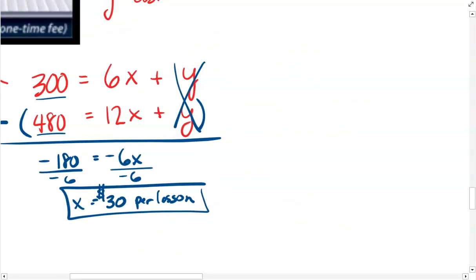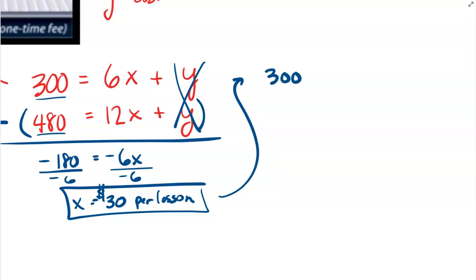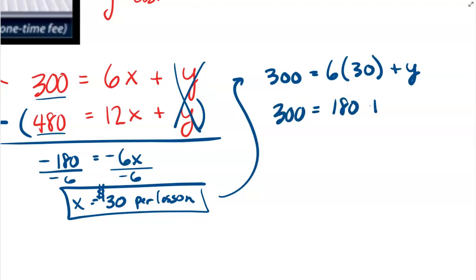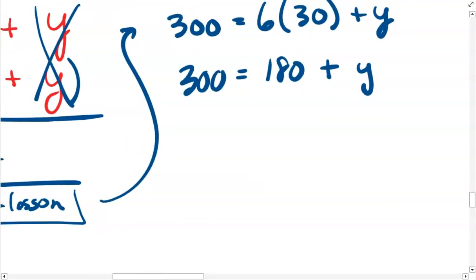Let's take that known x value now and substitute it into one of the originals. Doesn't matter which one. Let's go with the top. 300 is the result of 6 times $30 per lesson plus y. This would mean that 300 is equal to $180 in total for the lesson costs plus our unknown original fee.